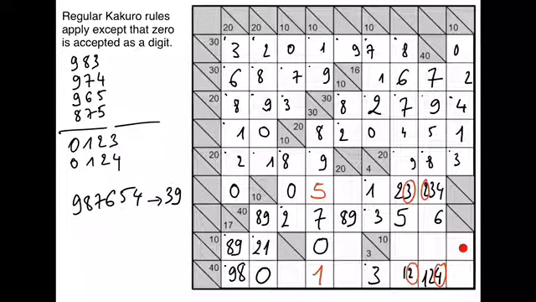But then 0 and 1 in... Oh, this could be a 3. There seem to be lots of possibilities here. And that's a good reason for thinking that it's not the solution.